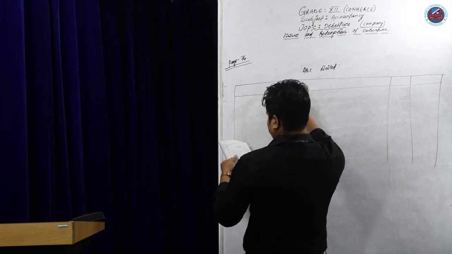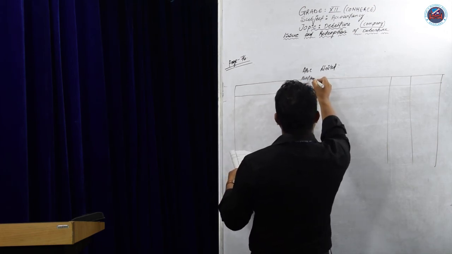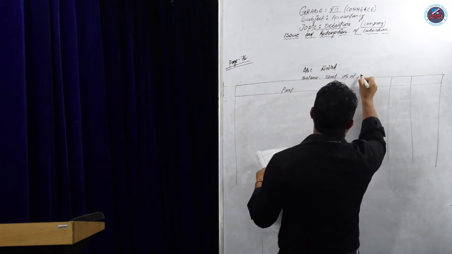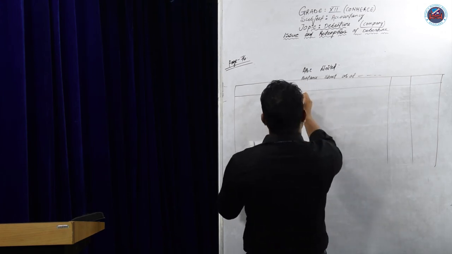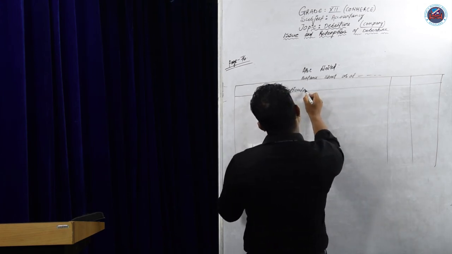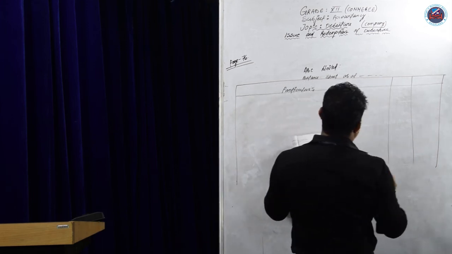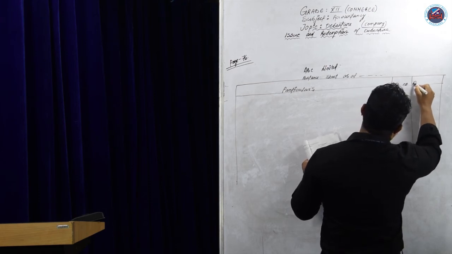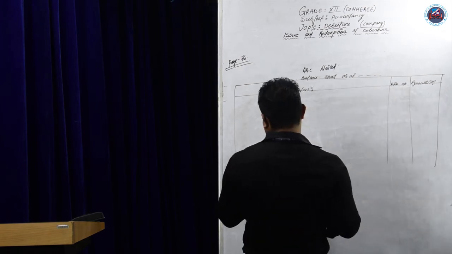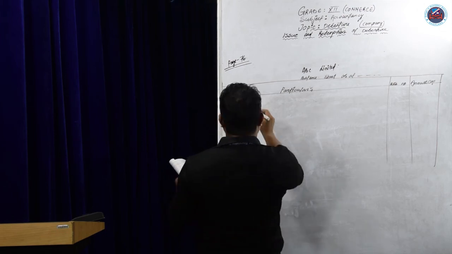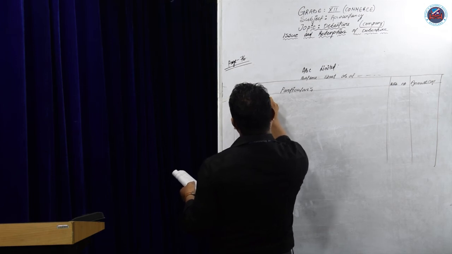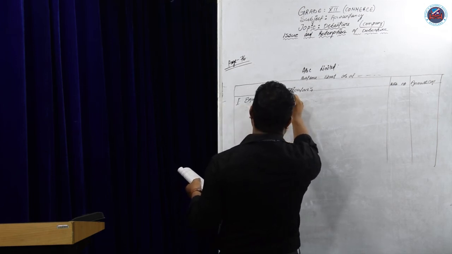Particulars, as at, note number, amount in rupees. So number one comes as equity and liabilities.